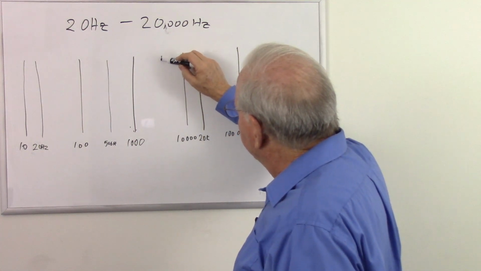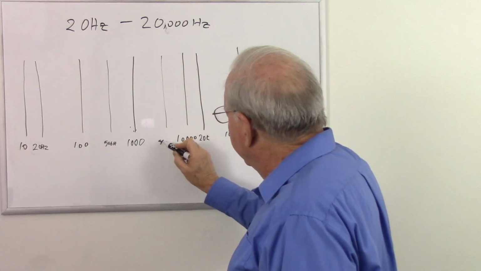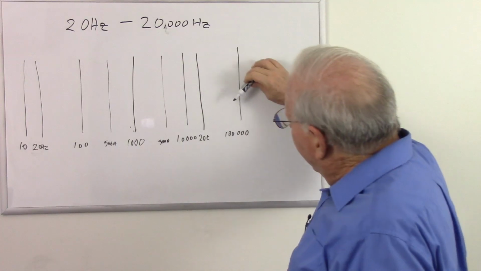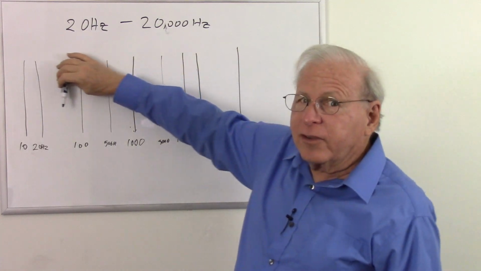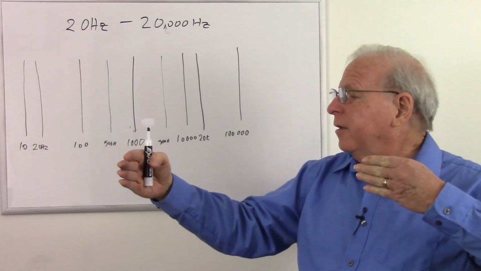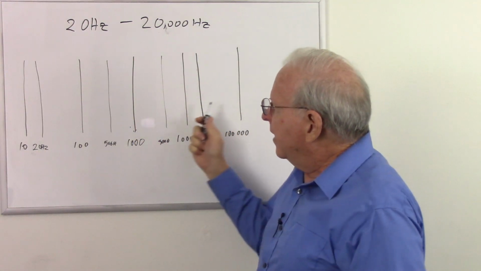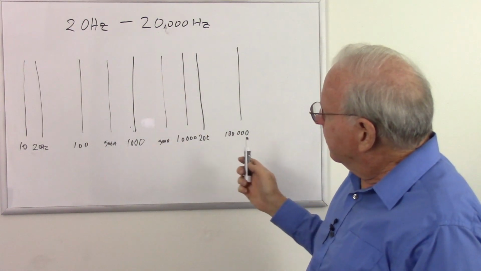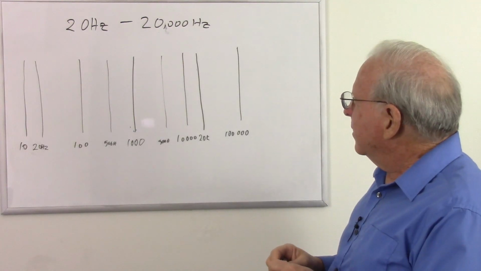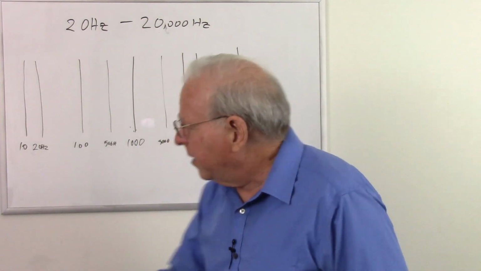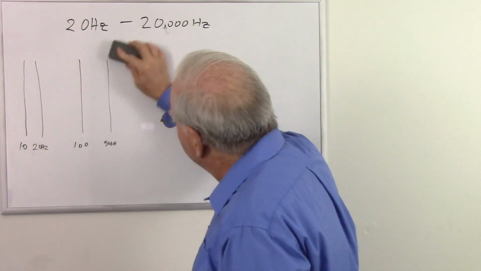And then 5,000 hertz is going to be maybe right about there. So as we get lower in the scale, things get stretched apart. As we go higher in the scale, things get pushed together, and that gives us something that looks kind of even.